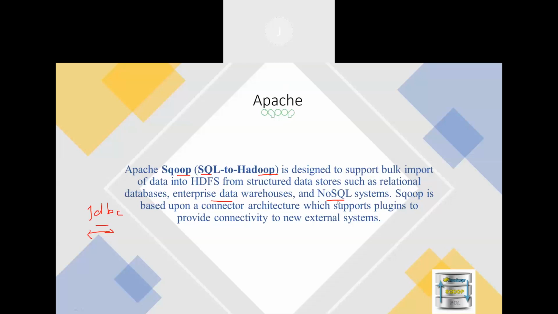Okay. So again, Sqoop derives from SQL to Hadoop, SQ and Hadoop OOP. That is how it got the name, and it is for bulk import of data from other databases, database information, not only the flat files that we store in Hadoop.